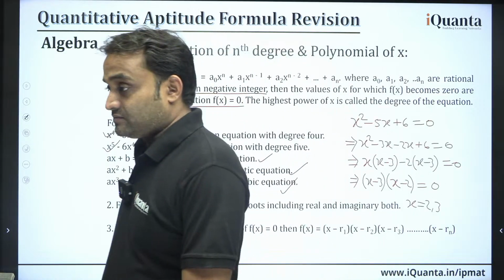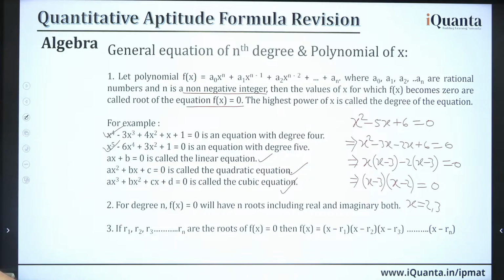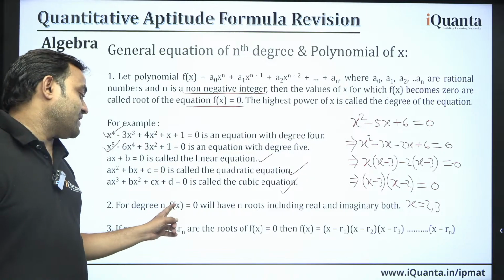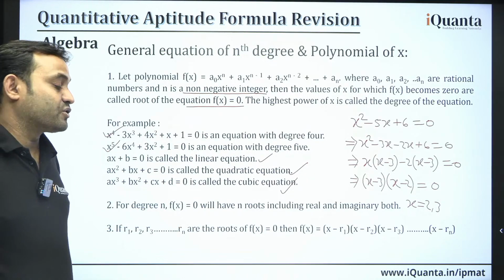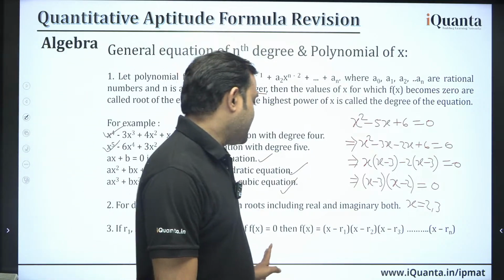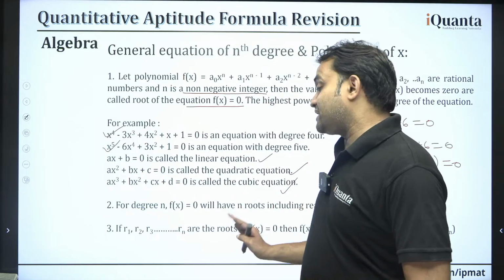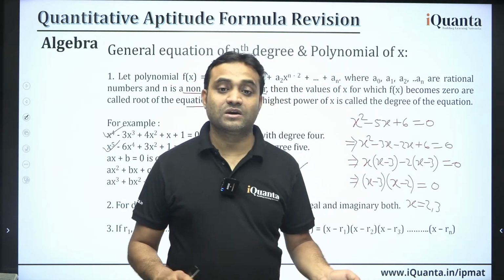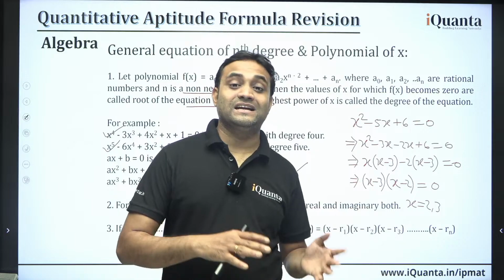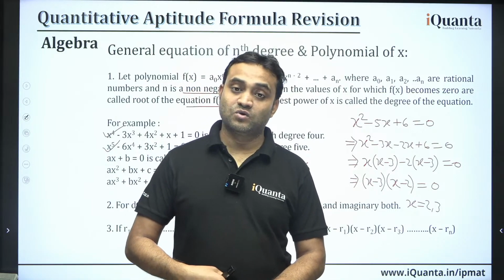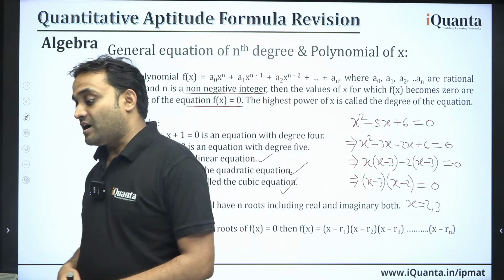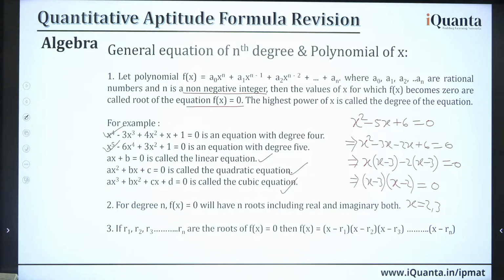Now the next one says that for degree n, f(x) = 0 will have n roots, including real and imaginary. So the total number of real and imaginary roots will be equal to n if any equation has degree n.